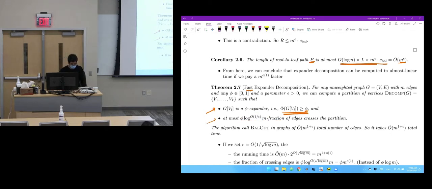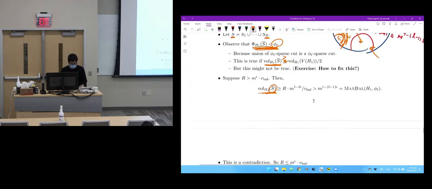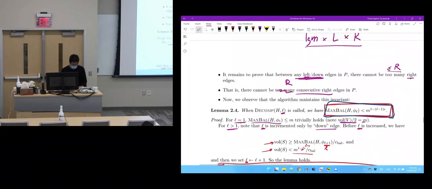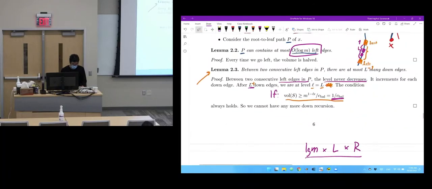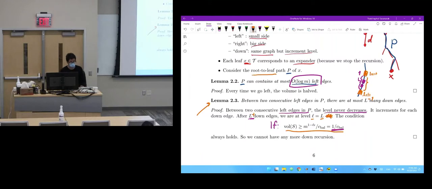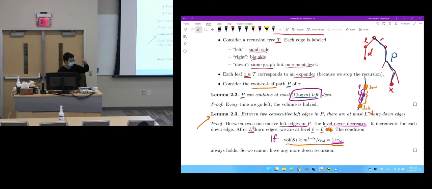And then this is what we get, and to analyze the running time, we just bound the depth of the recursion. Just to recall, we have seen that if you look at any root to leaf path in the recursion, then in this path there are 3 types of edges.